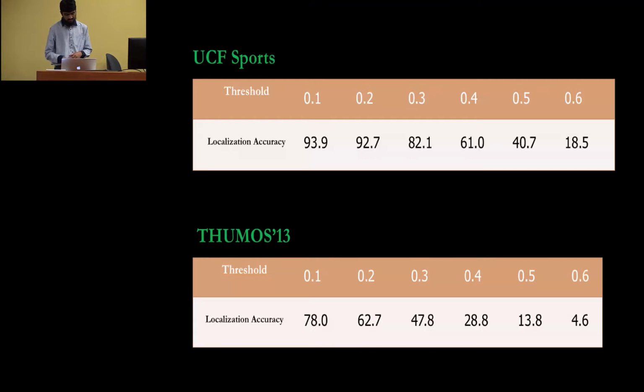And here I'm showing the same results for Thumos 13, and as you can see, the pattern of the results is the same, but the numbers are lower for Thumos 13 as compared to UCF Sports. This is mainly due to the complexity of this data set, and Thumos 13 is much bigger than UCF Sports.